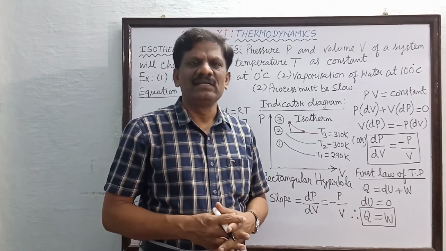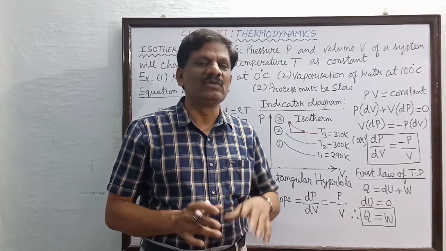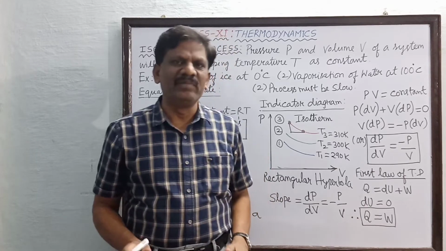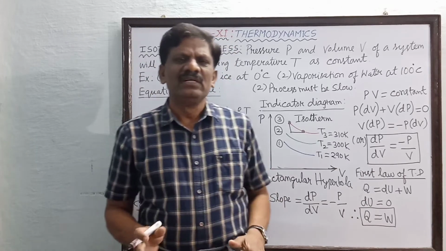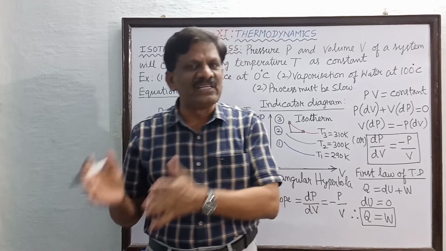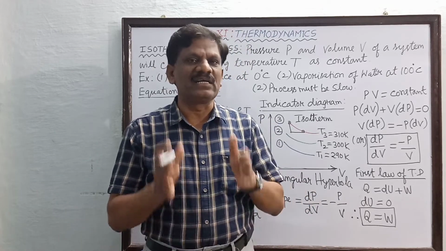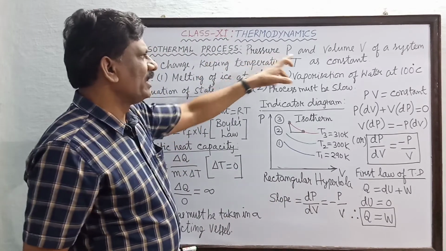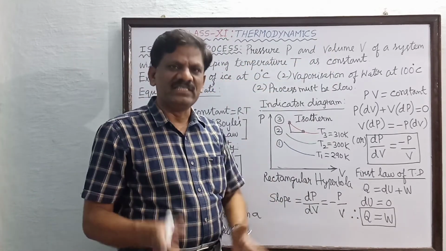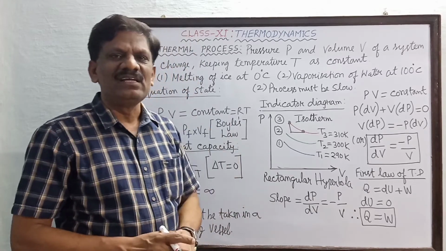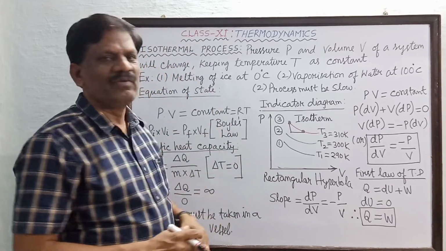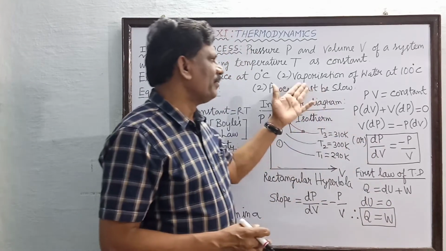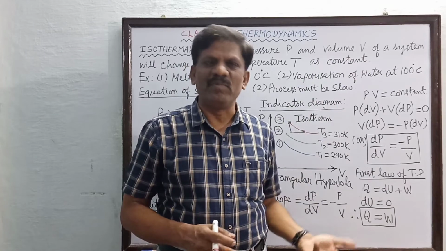Okay, my dear students. Now we have studied what an isothermal process is. An isothermal process is a thermodynamic process in which the compression or expansion of a system takes place at constant temperature, or otherwise we can say that the pressure and the volume of a system change while keeping the temperature constant. For example, melting of ice at its melting point and vaporization of water at its boiling point.